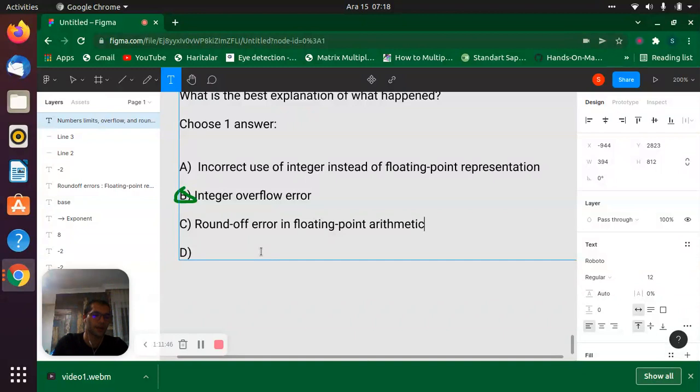It's about overflow. Because I gave you an example with 8 bits, where the leftmost bit is for the sign, right? Like we put plus or minus for the operation.